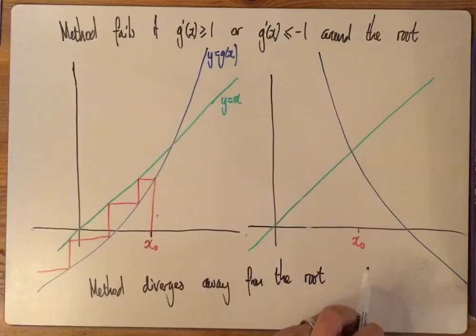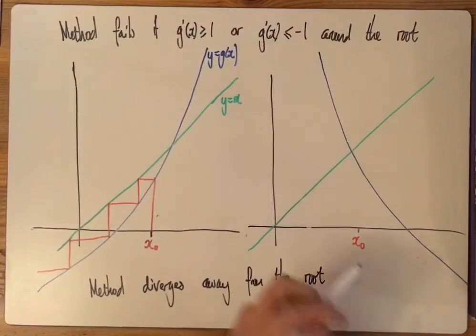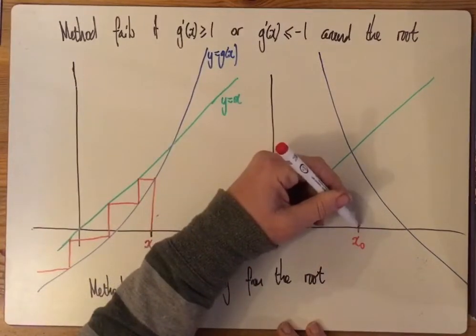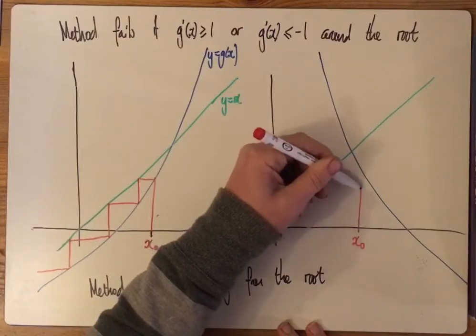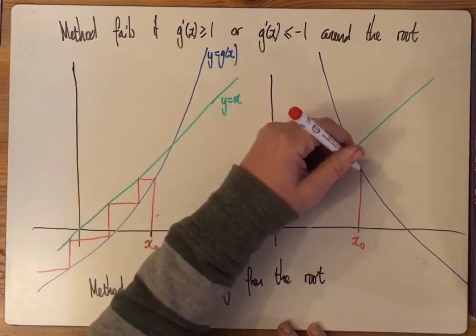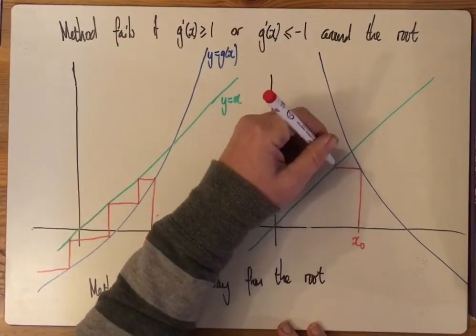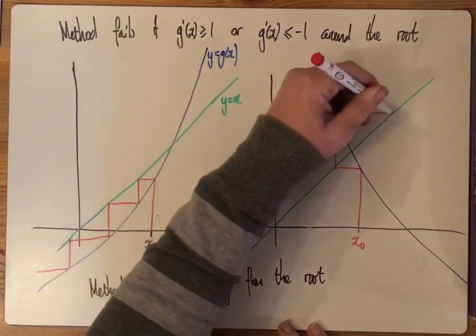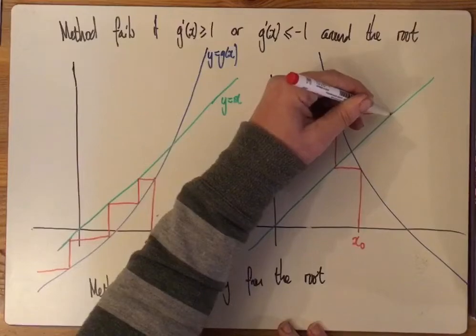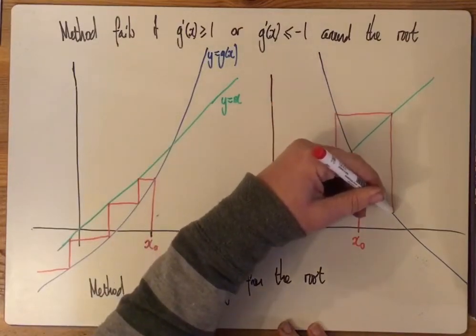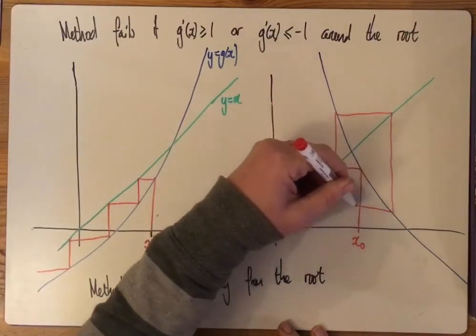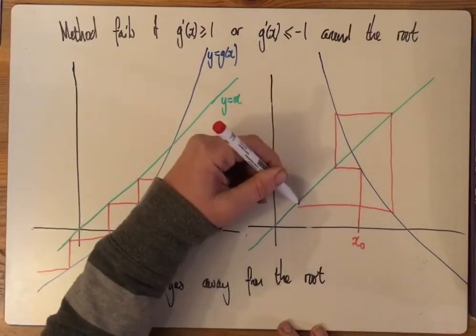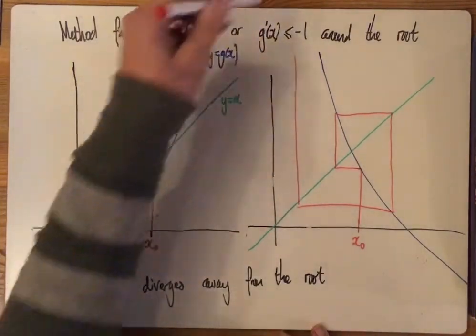Here I've got a negative gradient that is smaller than -1, and doing the same thing. So I'm going to go up to g(x), across to y equals x, up to g(x), across to y equals x, up or down, this time it's going to be down to g(x), across to y equals x, and that is going to spiral away from the root.